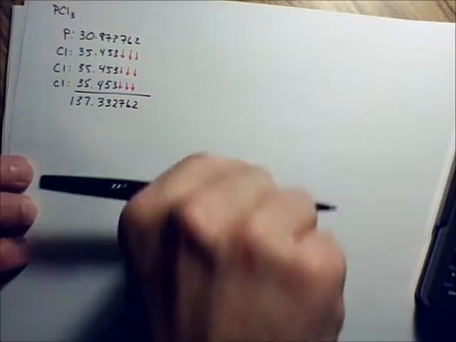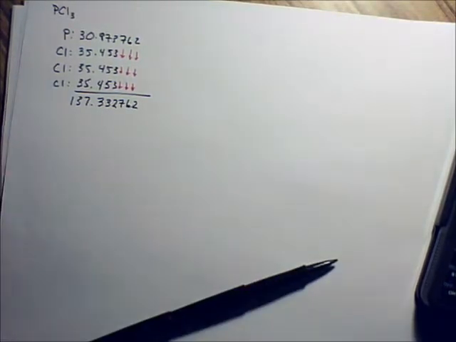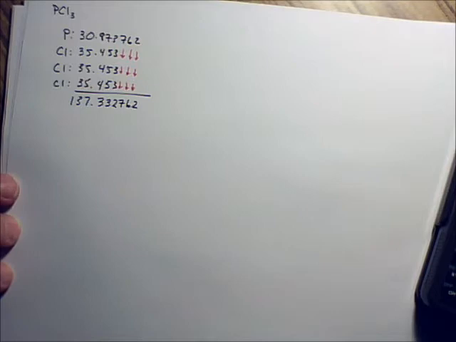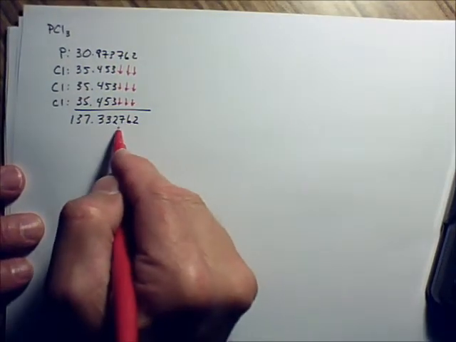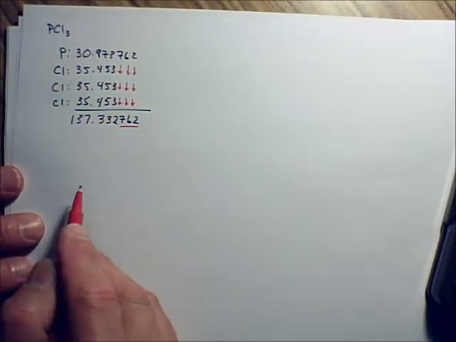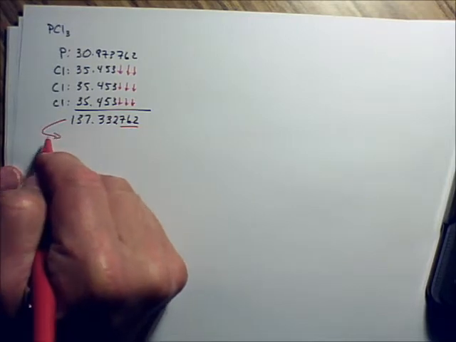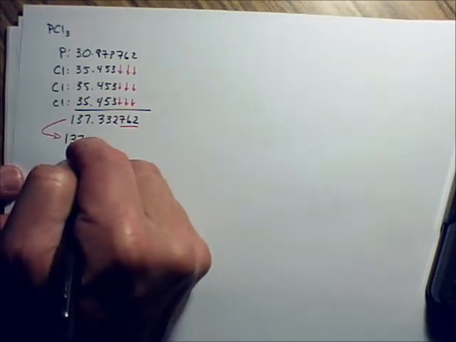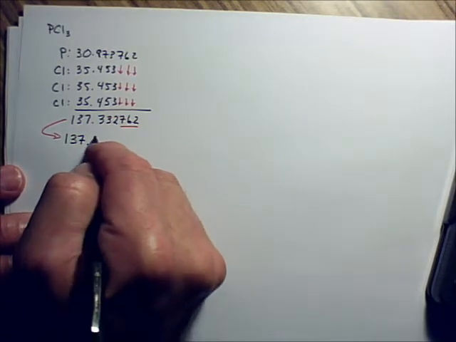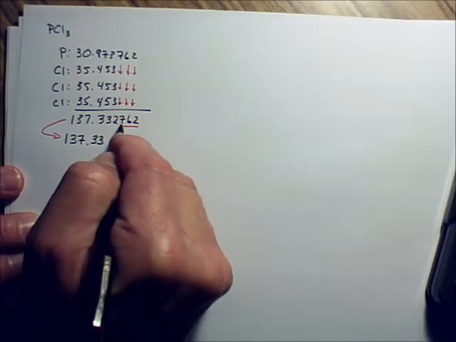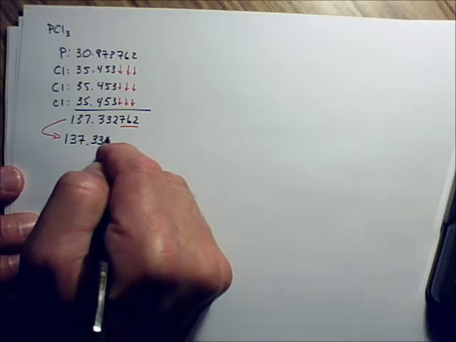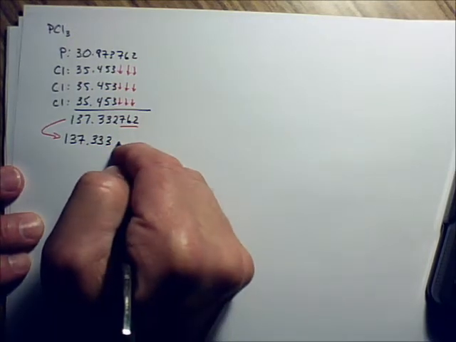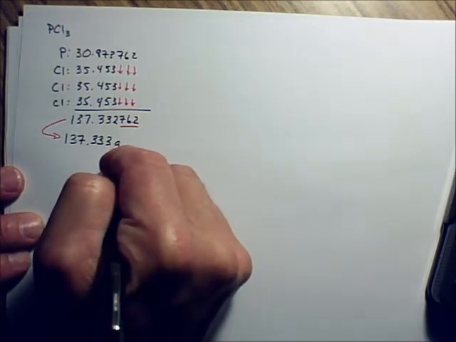All right. What else do we need to do here, folks? Got to round it off. These 3 digits get rounded off. So we get 137.33. That 7 rounds this 2 up to a 3. We're going to write it in units of grams.